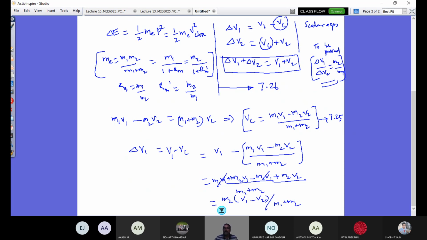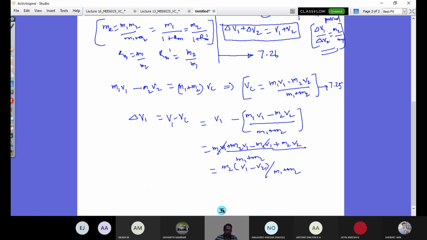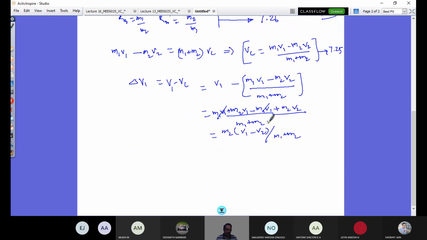Now V1 plus V2 is the velocity of approach, that is P or V close, the closing velocity. So I can rewrite this as M2 by M1 plus M2 into V close, which is delta V1.